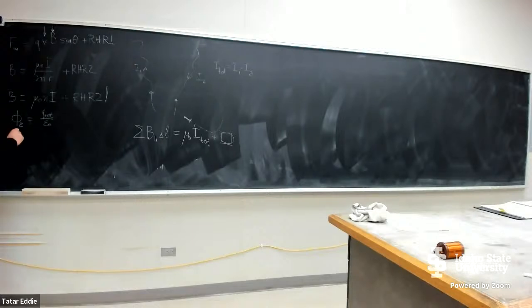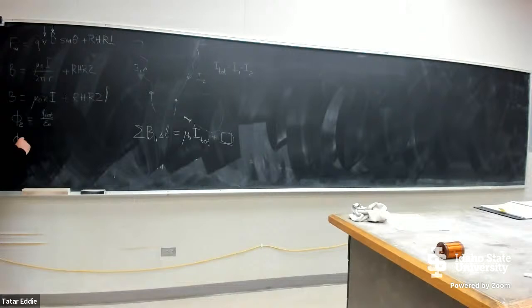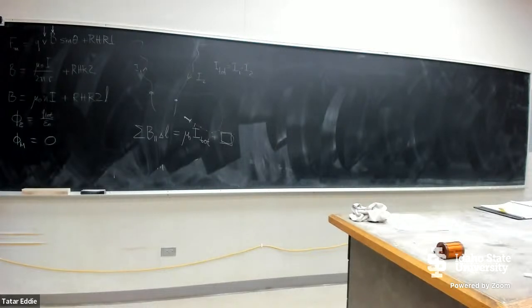The second Maxwell equation says that the magnetic flux that goes through an arbitrary closed surface is 0.